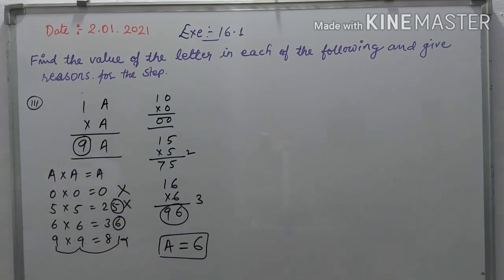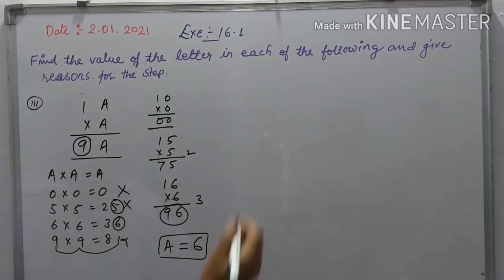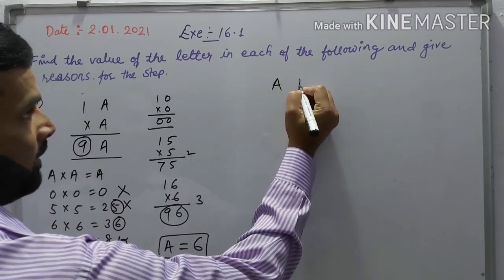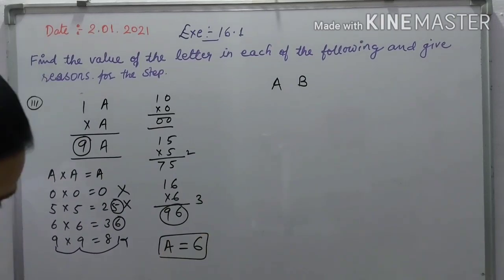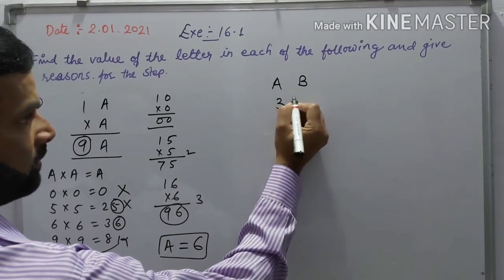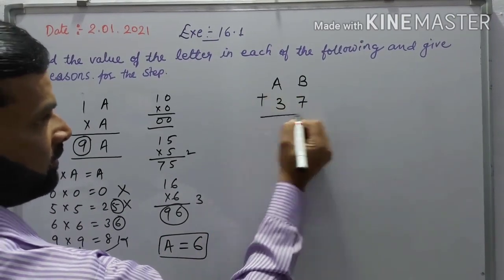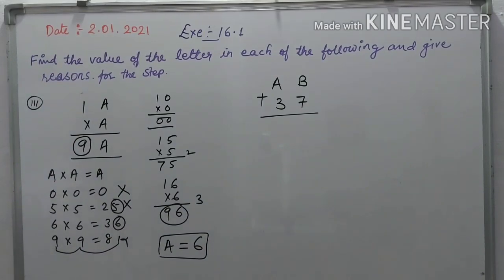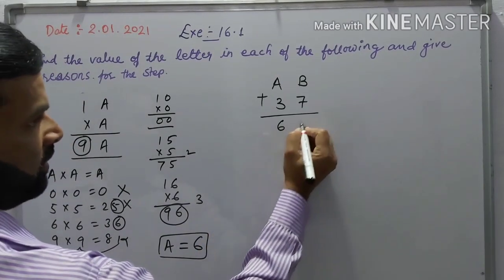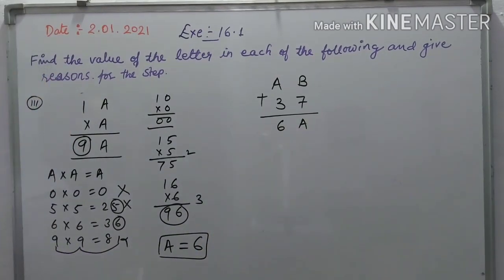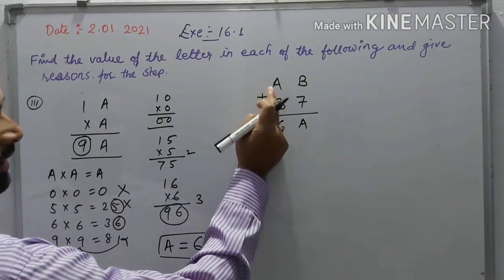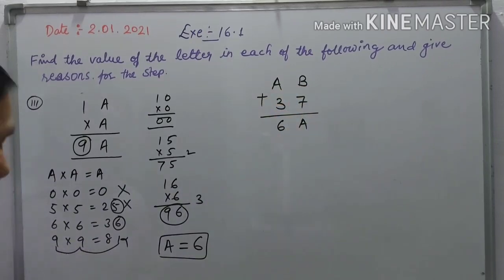Okay. Now next question is AB plus 37 is equal to 6A. Okay, here A and A are the same value and B is different.